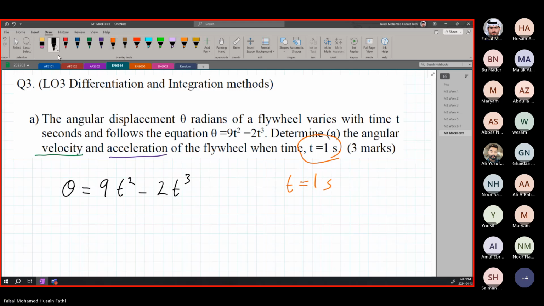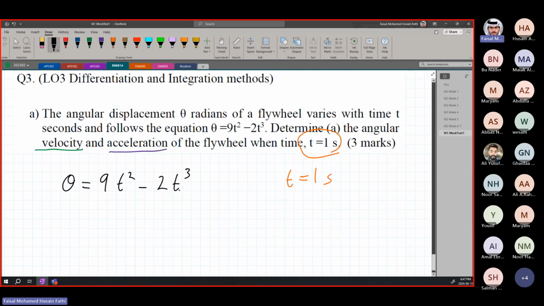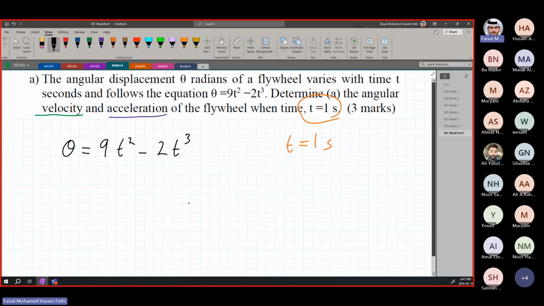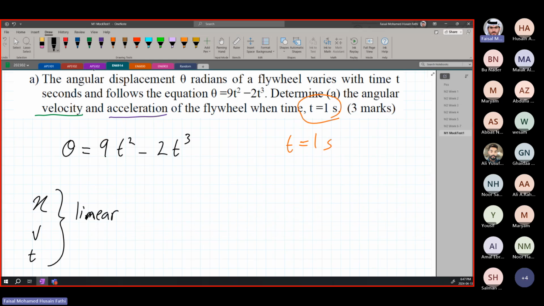Now, remember, when we are going from displacement to velocity to acceleration, it doesn't matter if it's angular or linear. Usually instead of theta, we have x, v, and t. This is for the linear, okay? You guys are very familiar with this. You have x, which is displacement, v, which is velocity, and t, which is time.